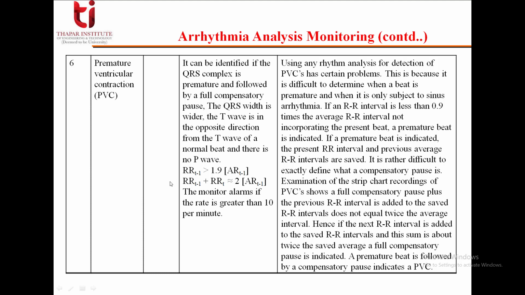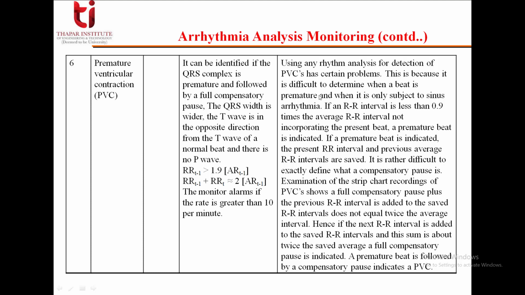So we can say that RRT minus 1 is greater than 1.9 times ART minus 1. RRT minus 1, when added to RRT, will be approximately twice ART minus 1, and the monitor alarms if the rate is greater than 10 per minute.